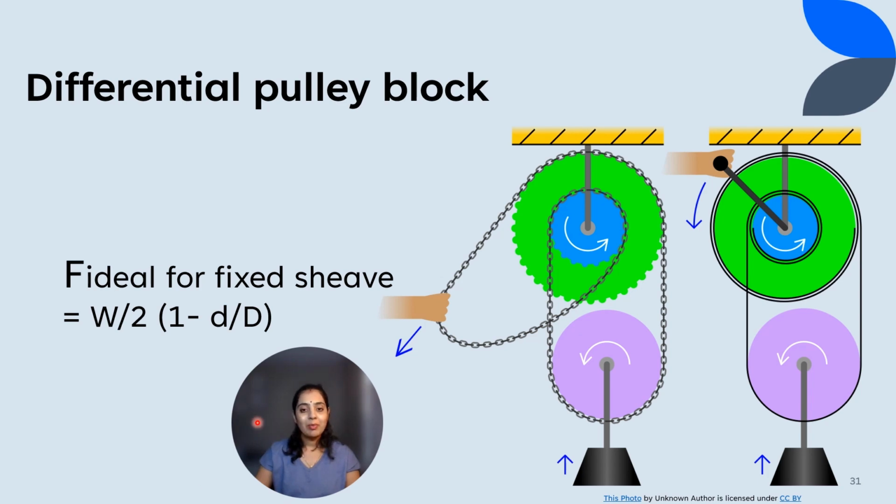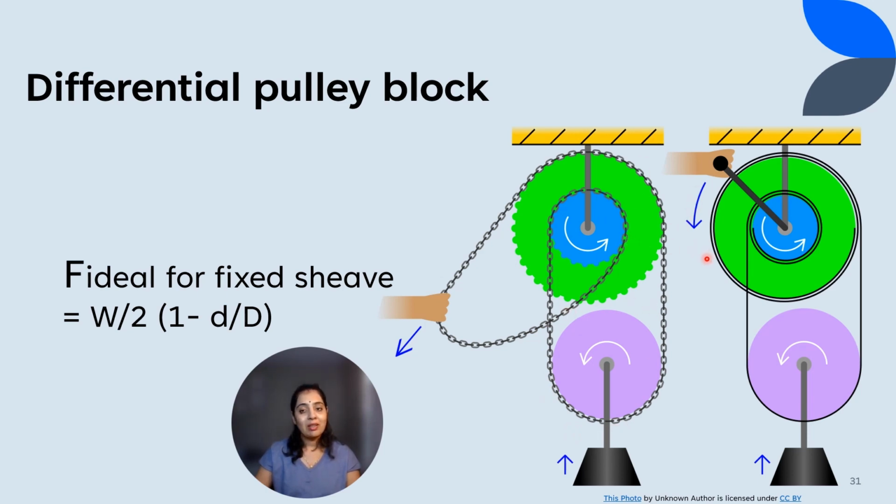Differential pulley block. So it consists of two fixed pulleys of unequal radii that are attached to each other and rotate together as a single pulley bearing the load, and the endless rope here is looped around the pulleys.